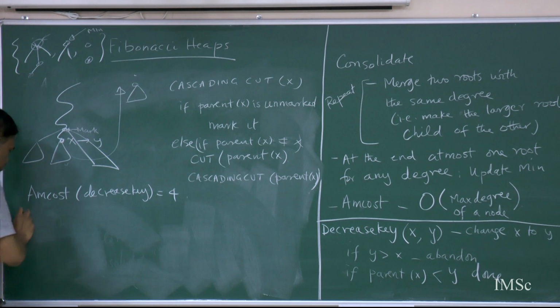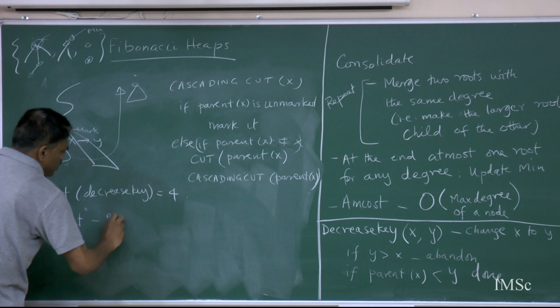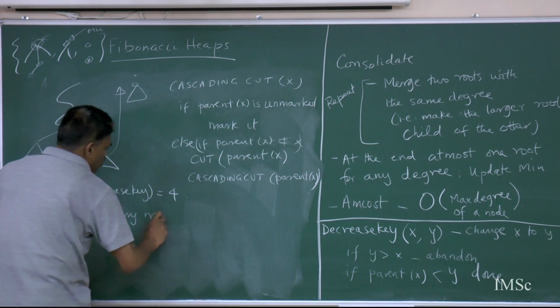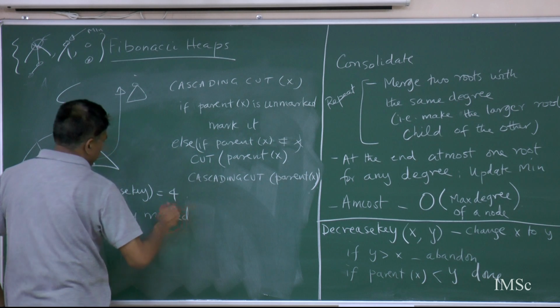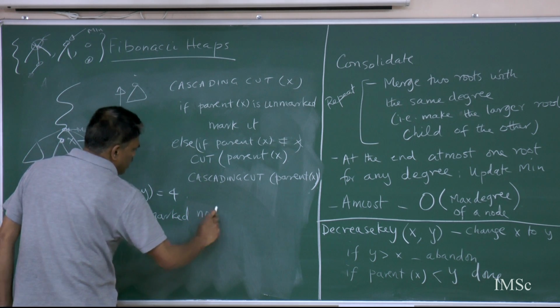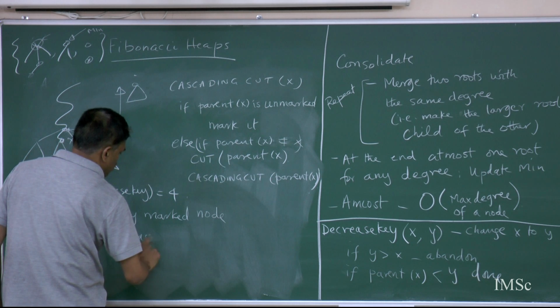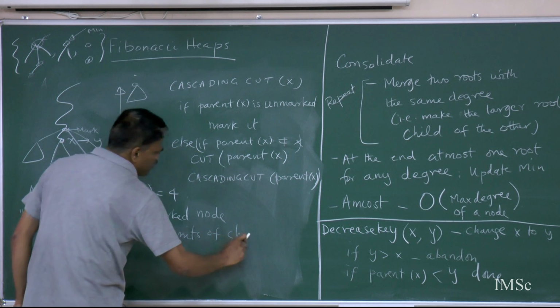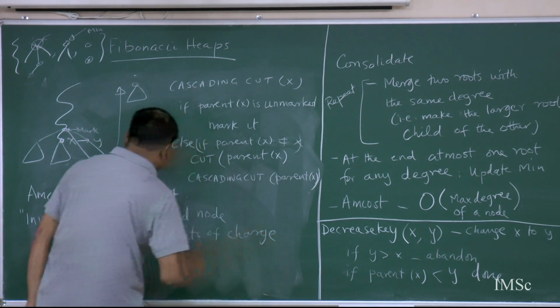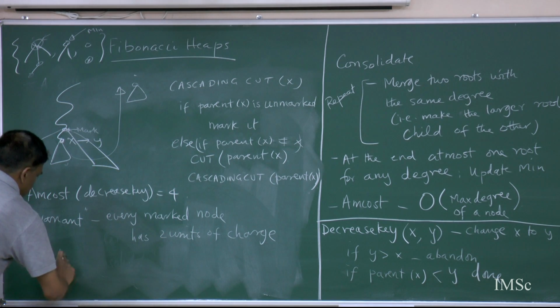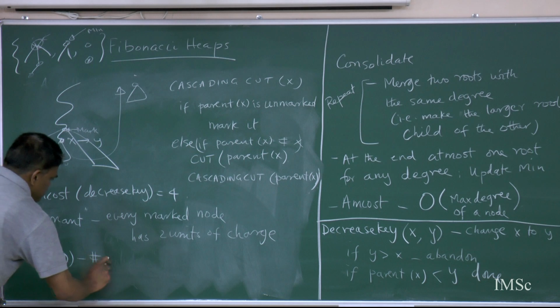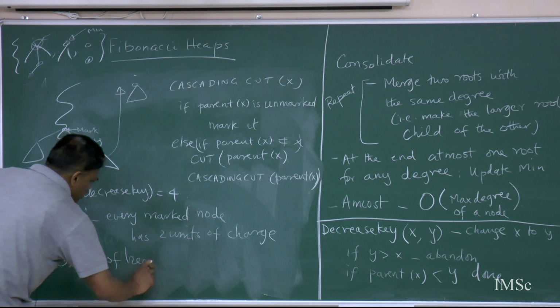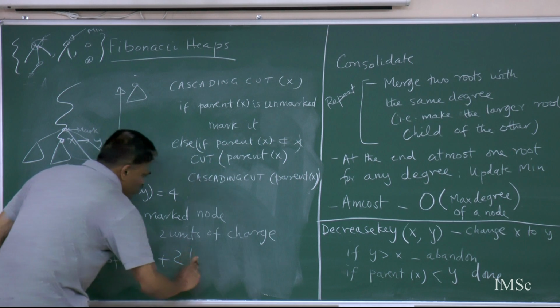Okay, so the invariant here: every marked node, this marking is because of all this cutting, has 2 units of charge. So if you want to argue the whole thing by a potential argument, the potential of the data structure is the number of trees, because every tree has 1 unit, plus 2 times the number of marked nodes.